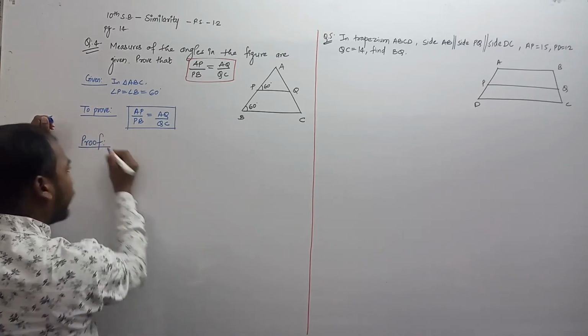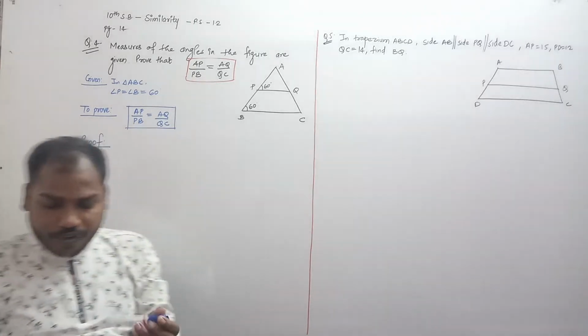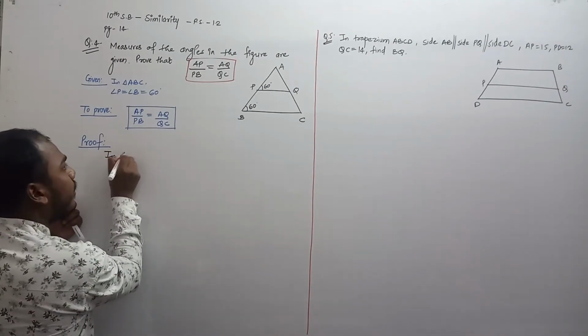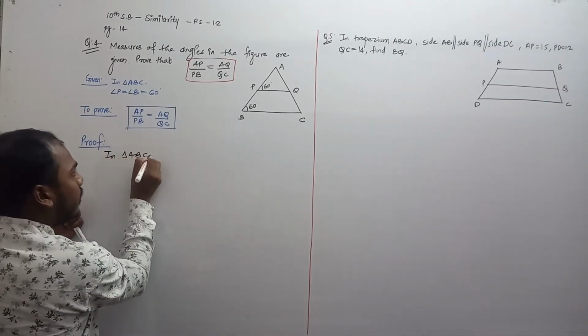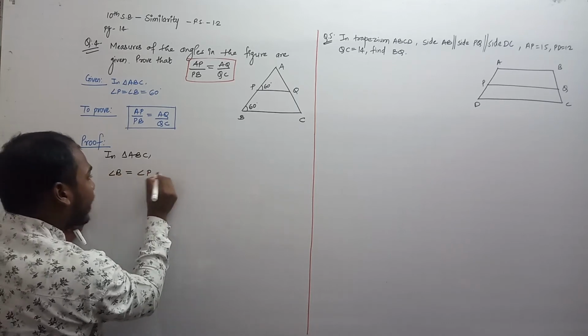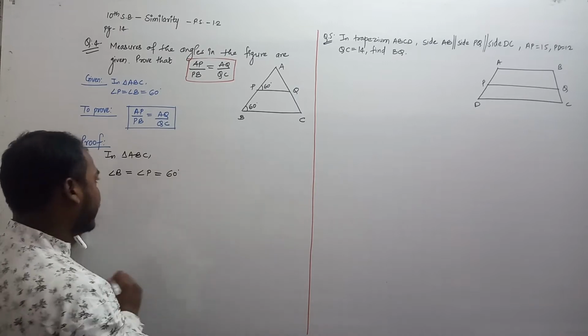How can we prove this? In the proof we will simply write: in triangle ABC, angle B is equal to angle P, which is equal to 60 degrees.